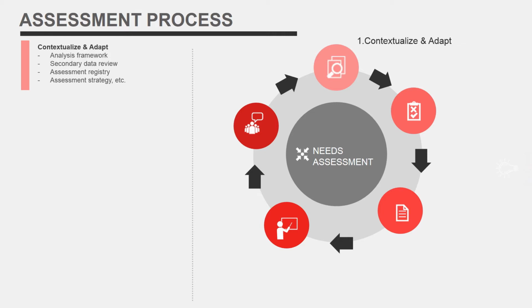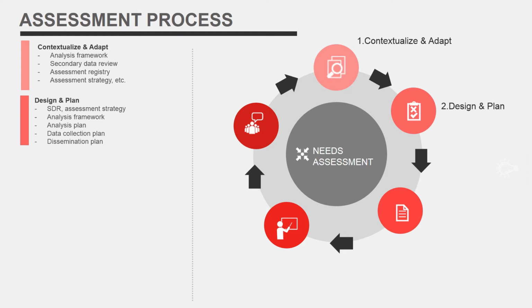Revise known information and information gaps. Then we design and plan our assessment. We set the objectives and scope of our assessment. We continue working on a secondary data review so that we can review what we have and what is missing, thus what we need to collect.